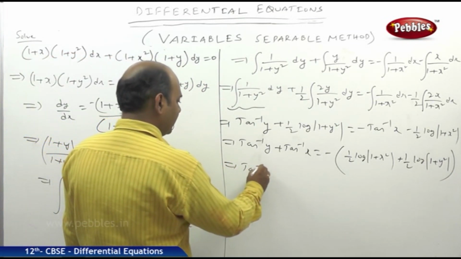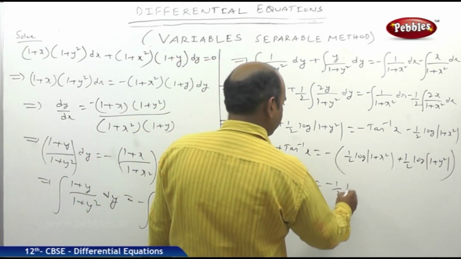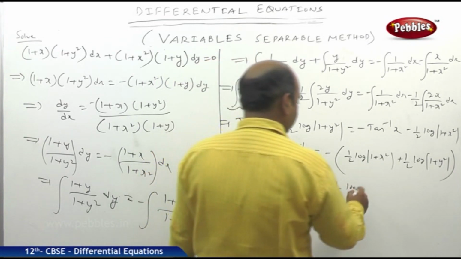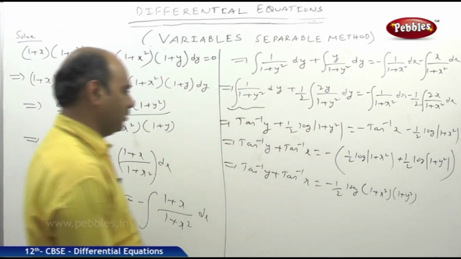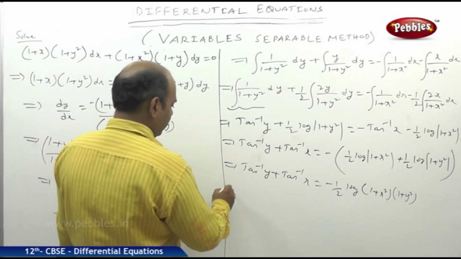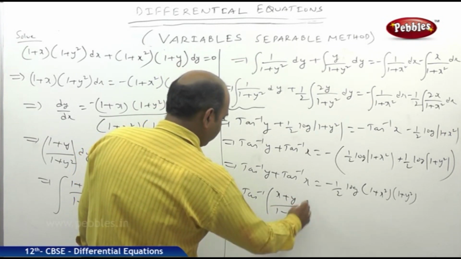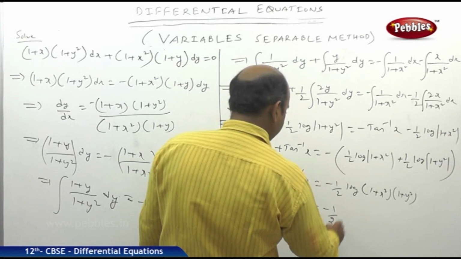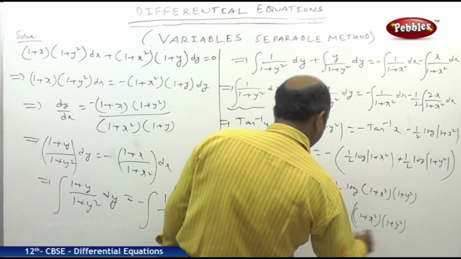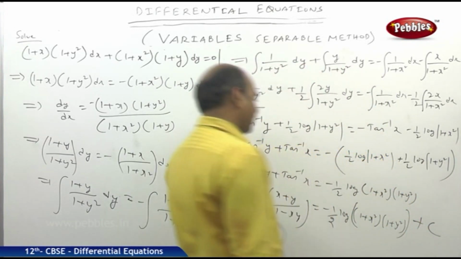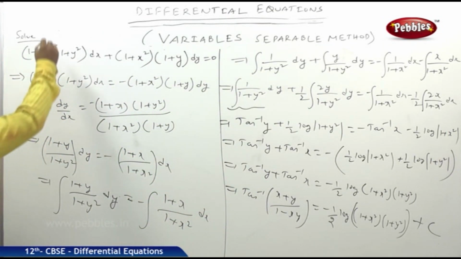So tan inverse y plus tan inverse x is equal to minus 1 by 2 times log m plus log n, that means log mn, that is log of (1 plus x square) into (1 plus y square). So this whole thing I can write as tan inverse of (x plus y) by (1 minus xy) is equal to minus 1 by 2 log of (1 plus x square) into (1 plus y square). On the whole I will put plus c, and this particular relation is the solution of the given differential equation.